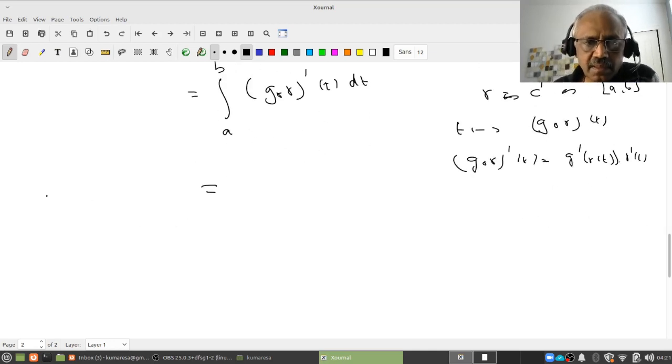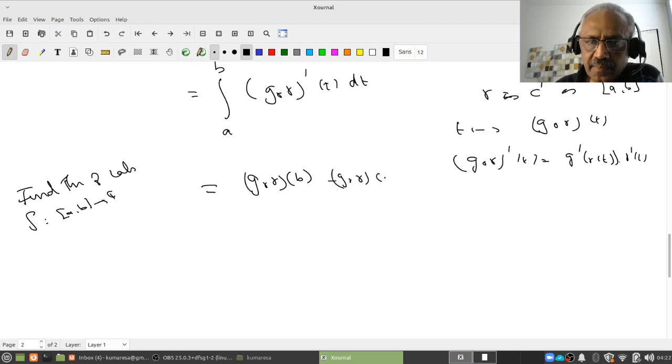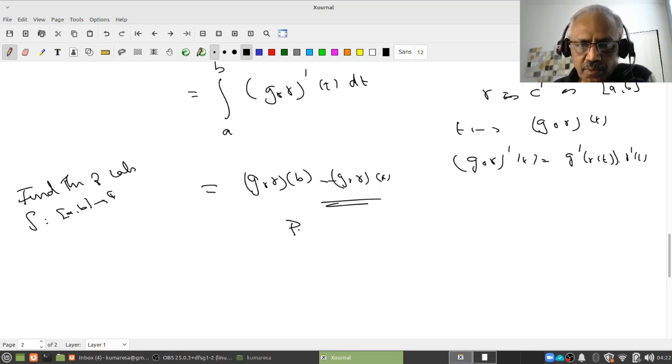But now we use the fundamental theorem of calculus for functions from an interval to C. Therefore, this is nothing other than g composite gamma at b minus g composite gamma at a, right? So the result is proved.